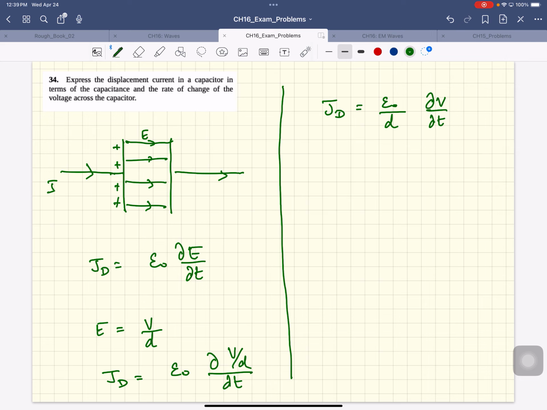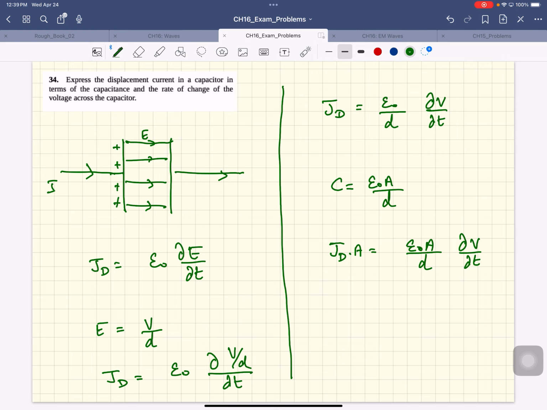Now, if you look up the definition, the capacitance of a parallel plate capacitor is C equals epsilon naught A divided by d. So we'll multiply this by the area of the plate. J_D times the area is epsilon naught A over d del V by del t.